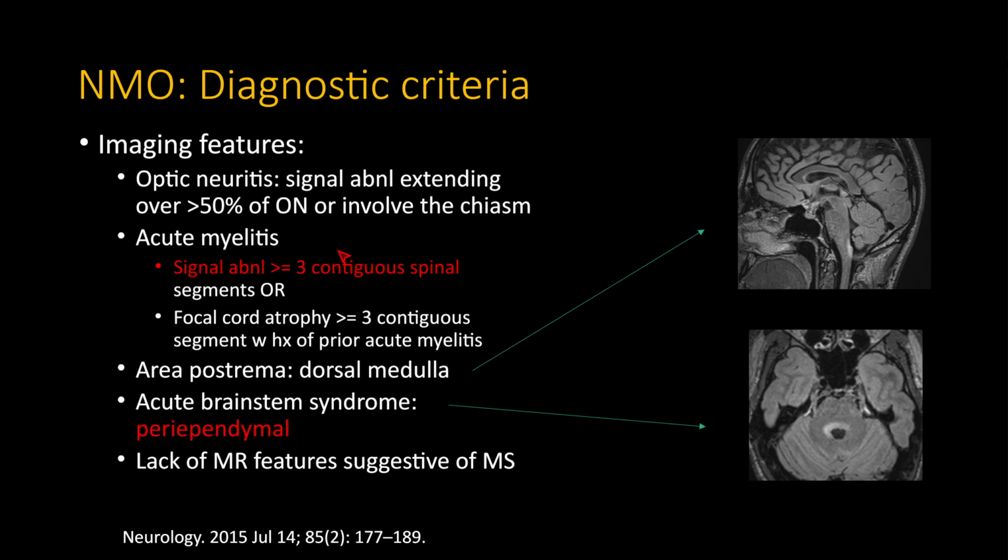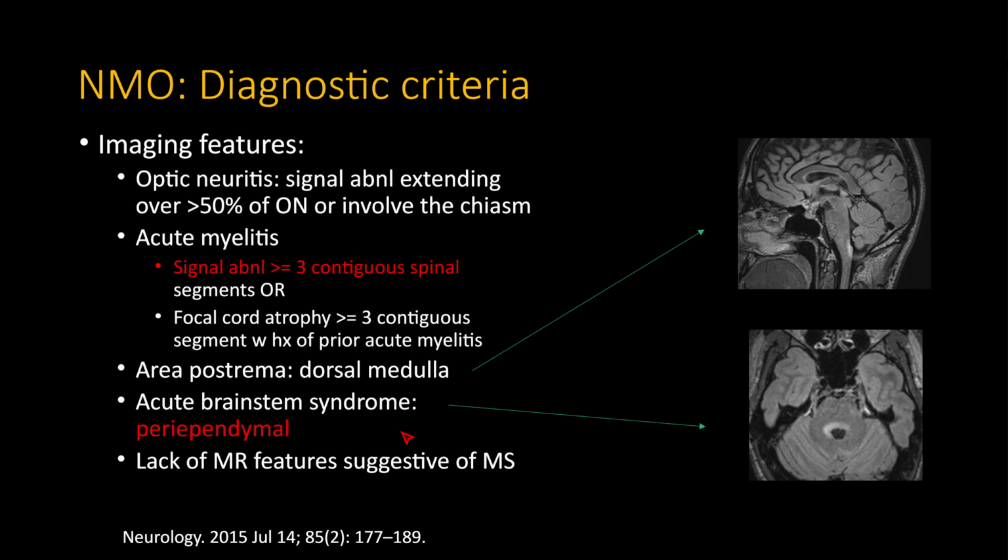As far as the brain findings, we talked about in the brain white matter diseases lecture, the area postrema as well as periependymal hyperintensities, particularly in the brainstem, being pretty characteristic of NMO. But again, it's really a complex interplay of the clinical symptoms you have and needing characteristic imaging findings.